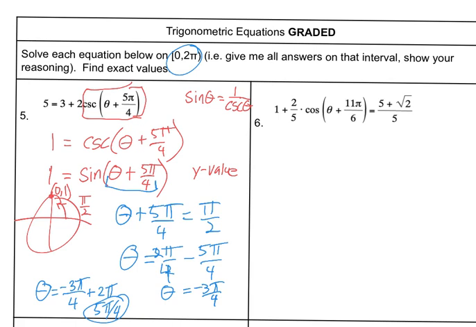For the next one, we're going to start the same way. I've got all kinds of stuff going on here. I noticed that I've got a couple things that have fractions, so to deal with that, I might multiply this entire equation by 5. So if I've got 5, 2/5 times 5 is plus 2. Cosine of all this stuff.